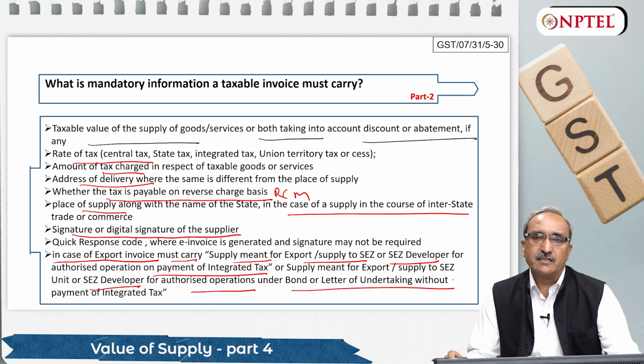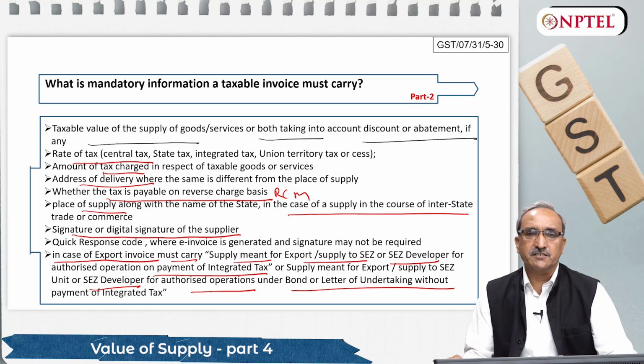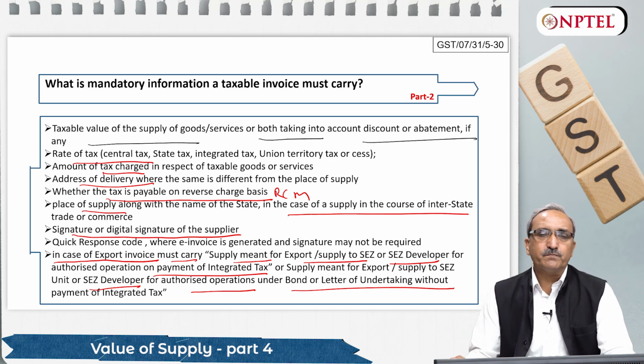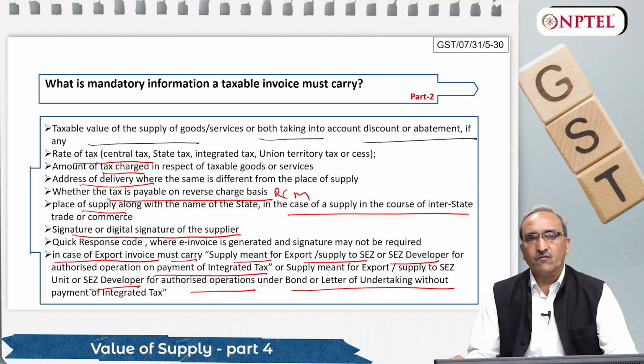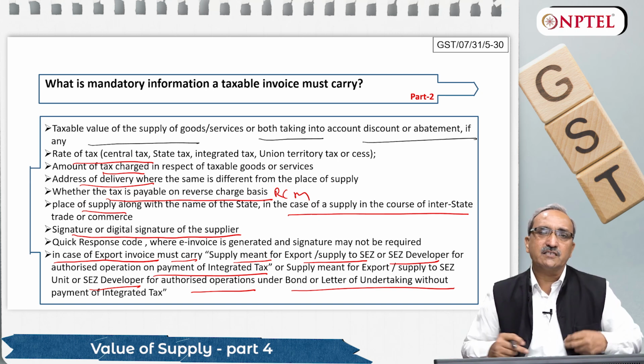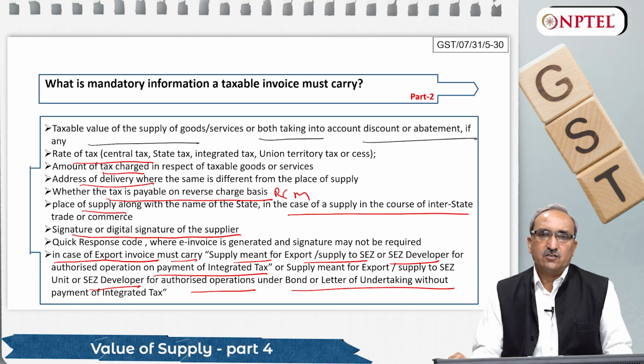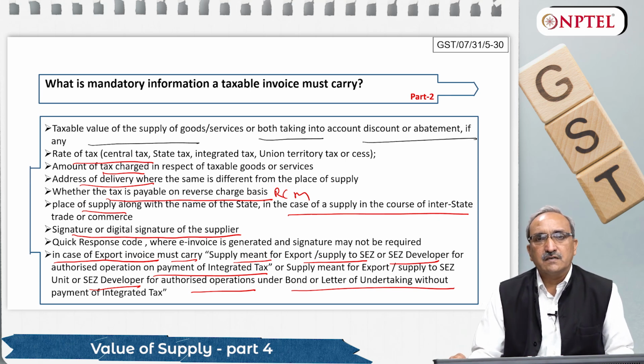And we have different methods, or this different system, of exporting goods under GST. Sometimes we export goods by paying GST, and sometimes we export goods without payment of GST under letter of undertaking, LUT, or bond. So whatever option we have opted, we are supposed to mention it, or we have to raise the invoice accordingly, so that tomorrow we will not land in any problem.